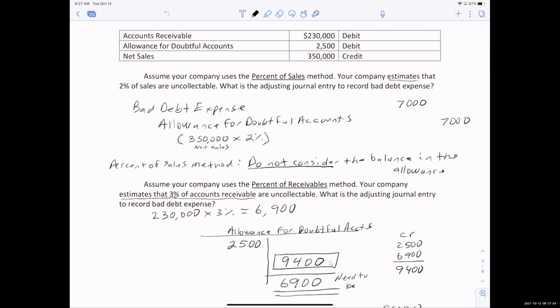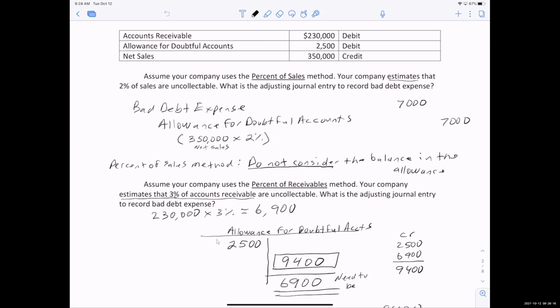So together, 9,400. Now, you might ask yourself, Tetra, why would you ever have a debit balance in the allowance account? Because we know that the allowance account is a contra asset account. So it has a credit balance, just like accumulated depreciation does.